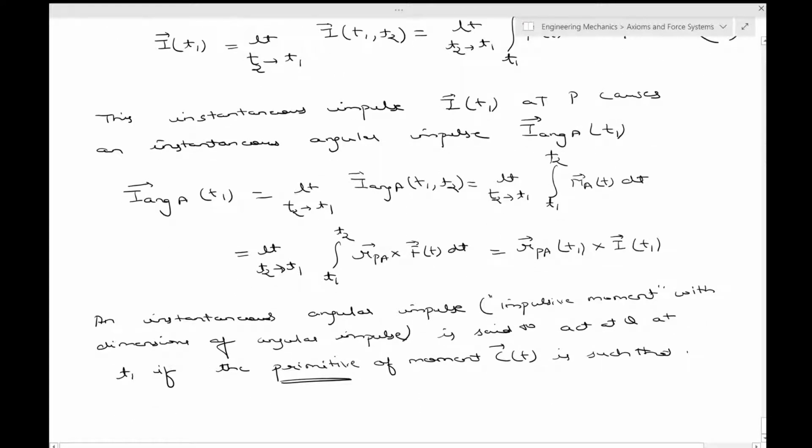A couple moment is a primitive, unlike the moment due to a force. The angular impulse at T1 is equal to the limit of T2 tending to T1 of I angular Q of T1 comma T2.